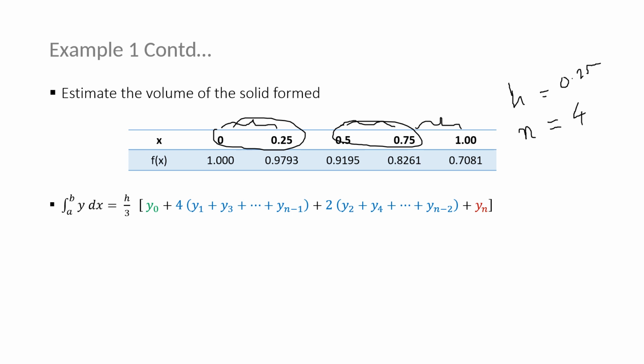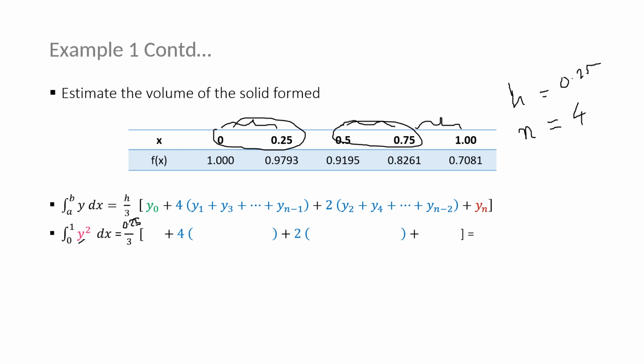Now using the value of n equal to 4, let us reduce this formula of Simpson's one-third rule. Okay, so now the limits of integration are put as 0 to 1, and instead of y we have y squared. The value of h is 0.25.